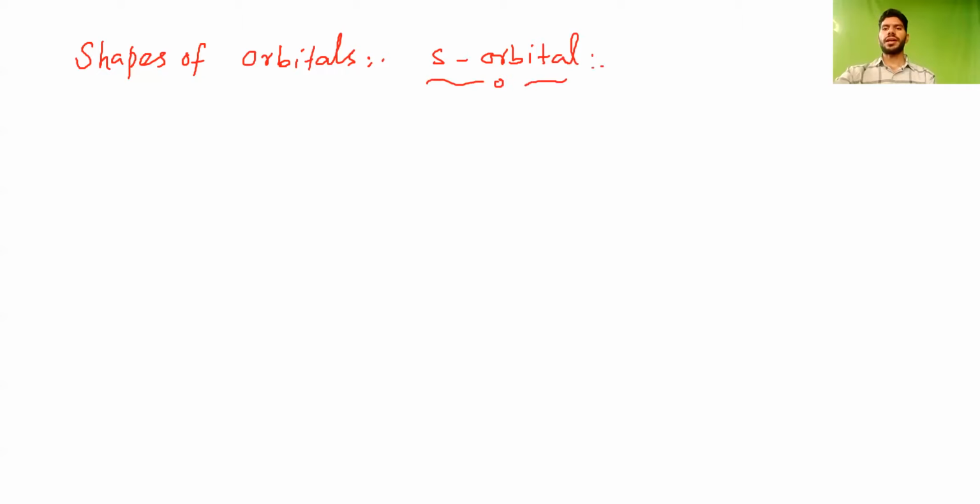So if you write this as the nucleus, and these are the electrons outside the nucleus, and it is spherical in nature, that means the shape is spherical.